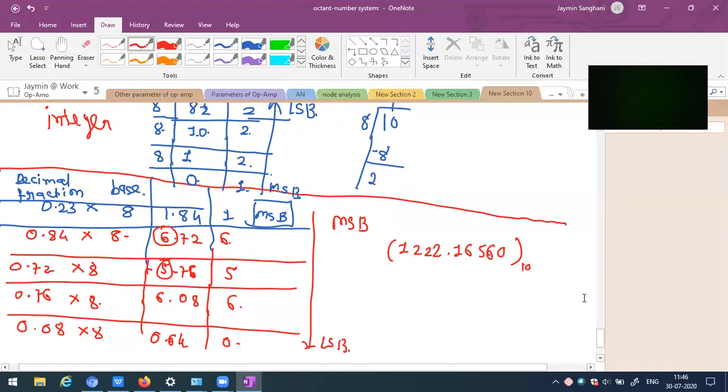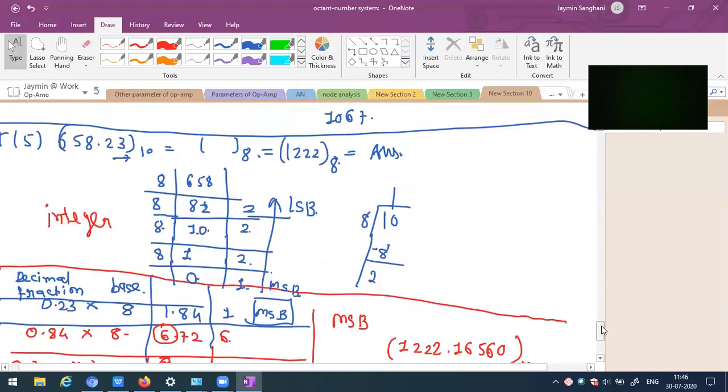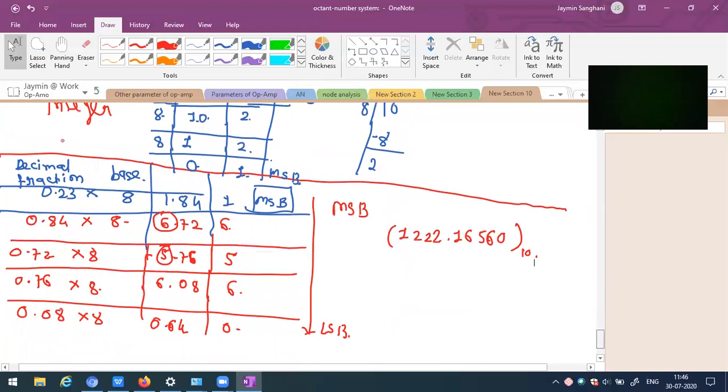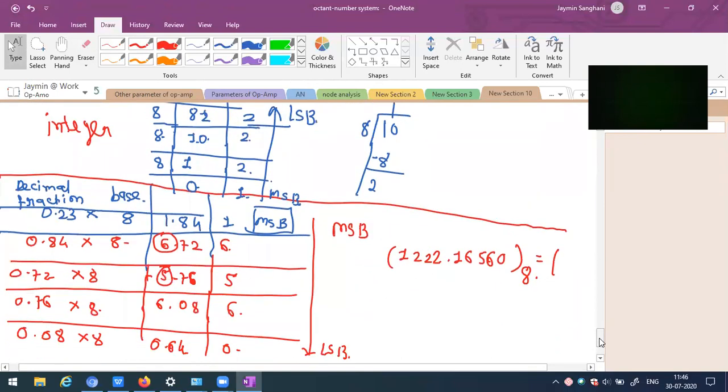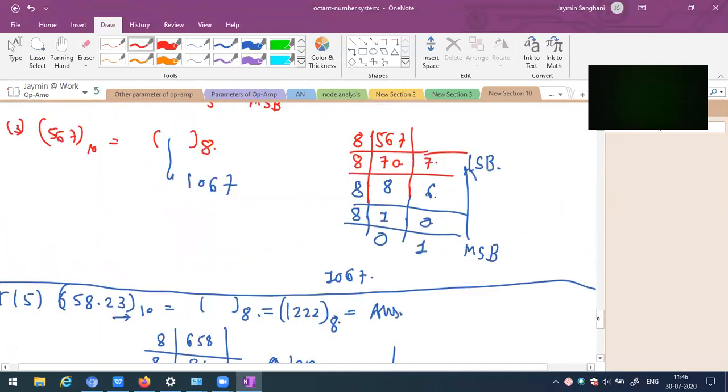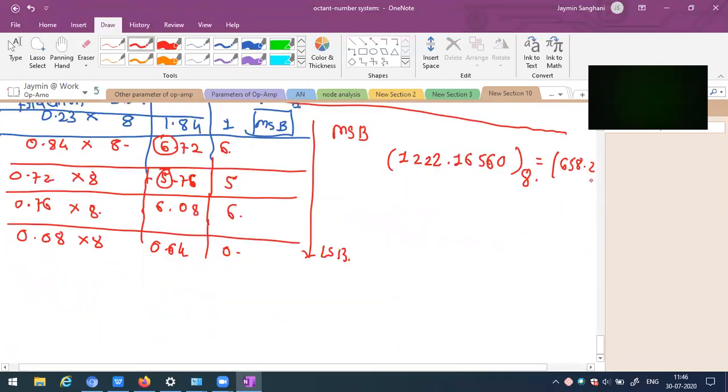It is the answer that can be converted into decimal. Sorry, it can be converted into octal. Sorry, it is converted into octal. See this, octal. So it is a conversion related to decimal to octal.